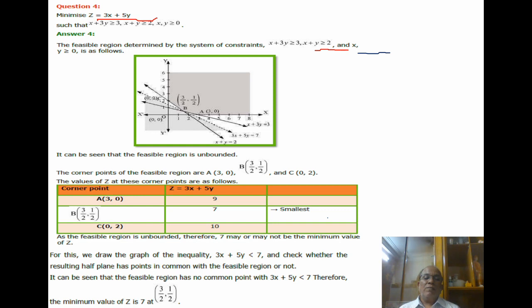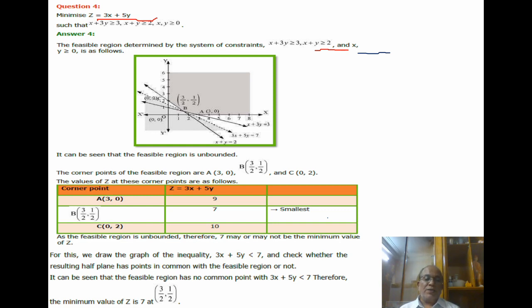So we'll have to get the value of z at each. At point 3 comma 0, x is 3, so 3 into 3 is 9, plus 5 into 0 is 0, so the total is 9. At 3 by 2, 1 by 2, this will be 3 into 3 by 2, that is 9 by 2, plus 5 by 2, so 9 by 2 plus 5 by 2 is 14 by 2, that is 7.